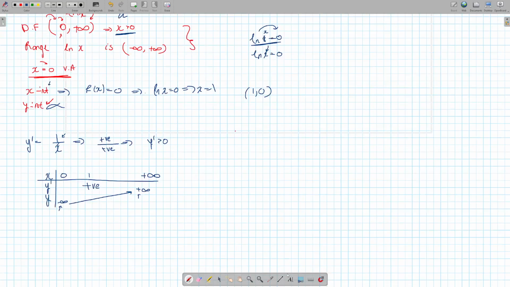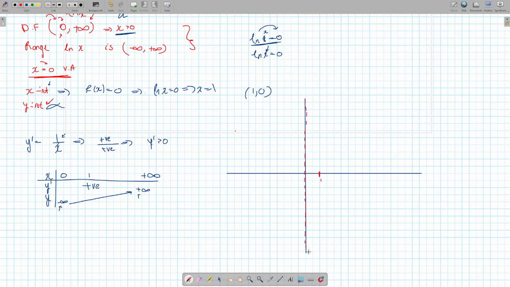So let's say we were to graph this. I'll just graph this really quickly. Using what we just concluded, x equals 0 will be an asymptote. So we're just going to put it dotted like this. Okay, we know that we have a point at (1, 0).